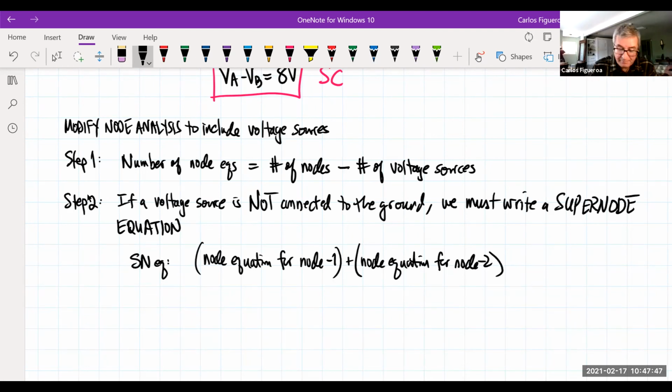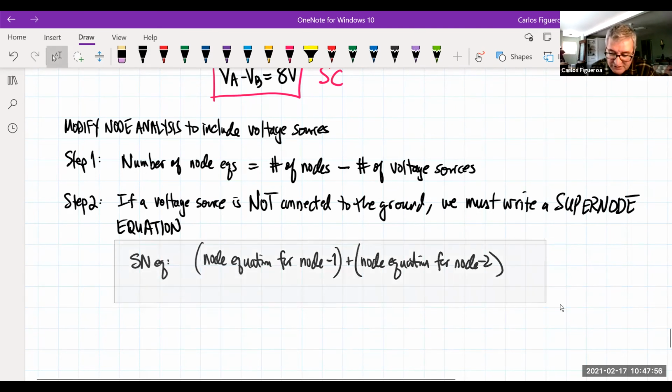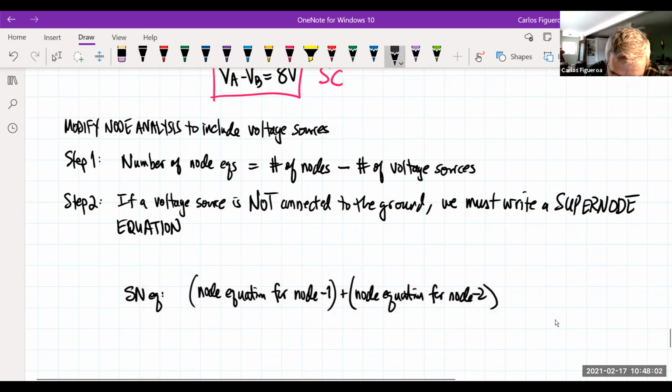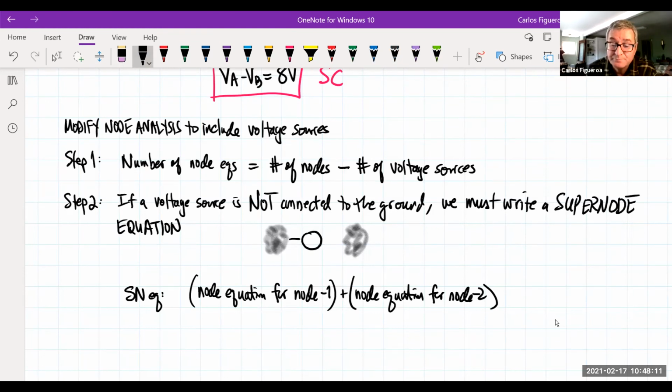So if I have a source, what I'm really doing here, you know what, I should have drawn a picture, which I didn't draw. How about if I move this slightly down so you can see what I'm talking about? So if I have a circuit that looks something like this, and in between here, I have some source. Let's say that this is V source, and this is node number 1, and this is node number 2. Then I'm going to come in here and do my dashed line to connect those nodes.